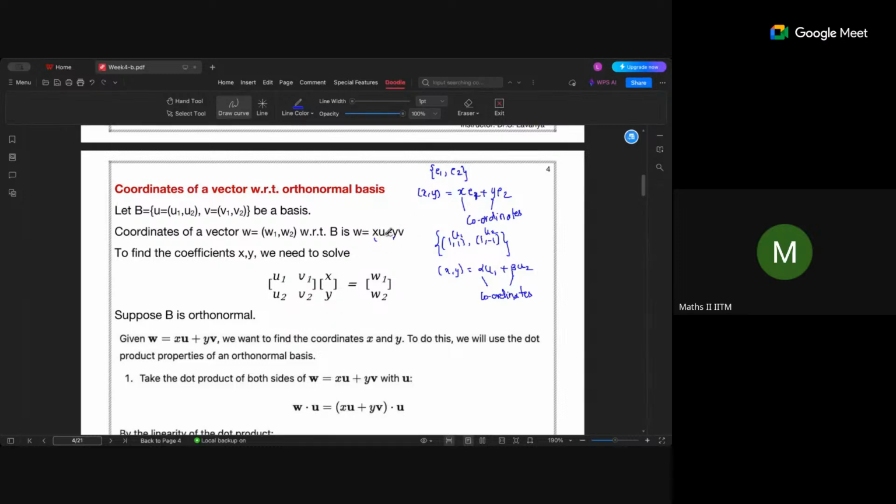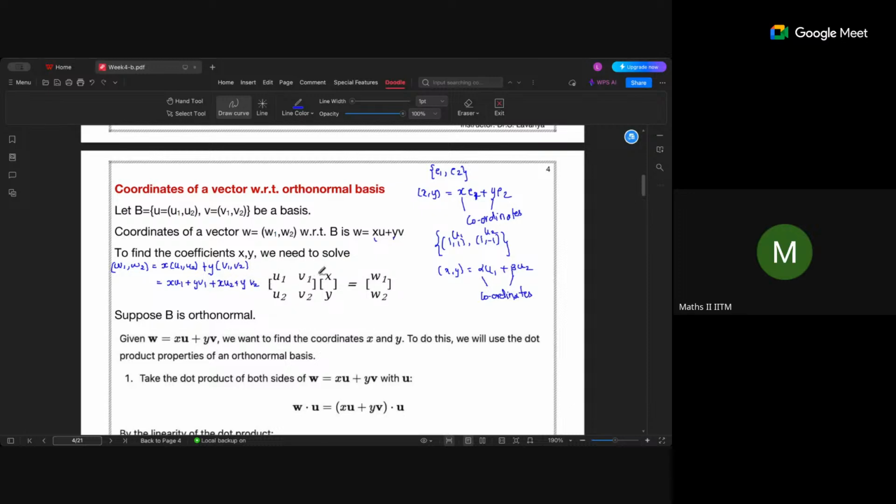First of all, what is w equal to xu plus yv? Let us see. w is (w1, w2), and x is a scalar, so xu is x times (u1, u2), plus y times (v1, v2). This is what we have. Now this simplifies to (xu1 plus yv1, xu2 plus yv2).